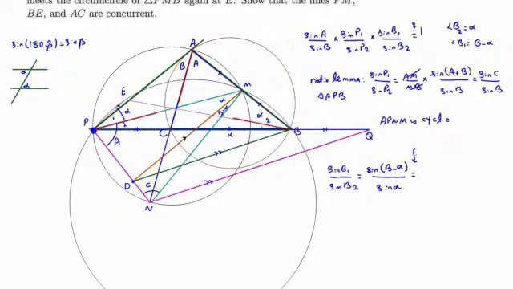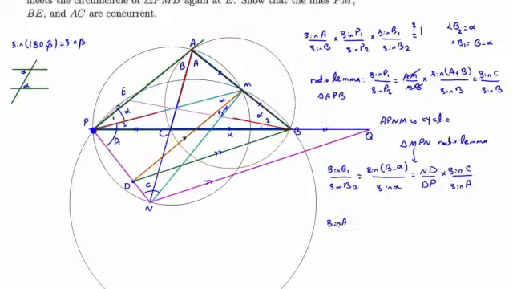Using the ratio lemma in triangle MPN, this equals ND over DP times sine C over sine A. Now all things are good. P1, P2 we found: sine C over sine B. Here sine C, sine A again. It's good. So let's replace here.